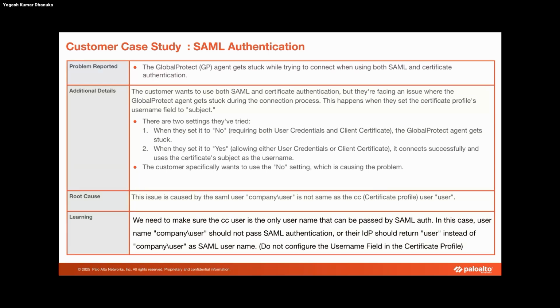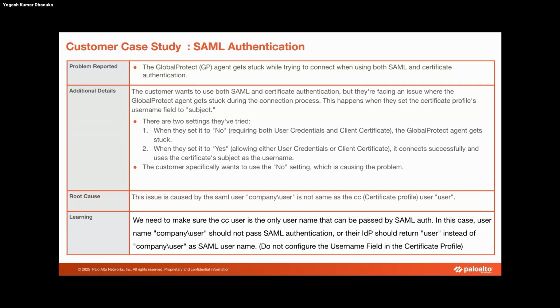So they both have to match. If they're not matching, then there is a problem, because you're doing the authentication with SAML or any other method, say LDAP, and certificate, and both have the username. So there should be no conflict between them.